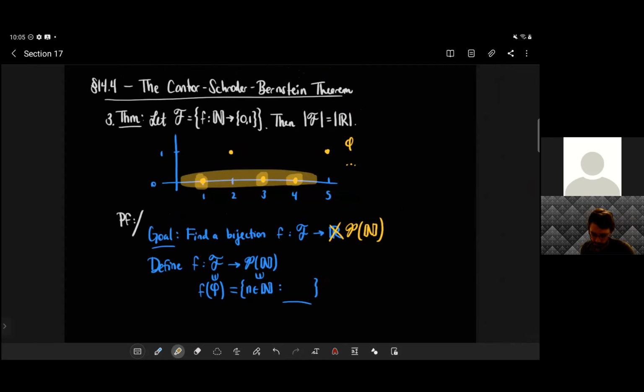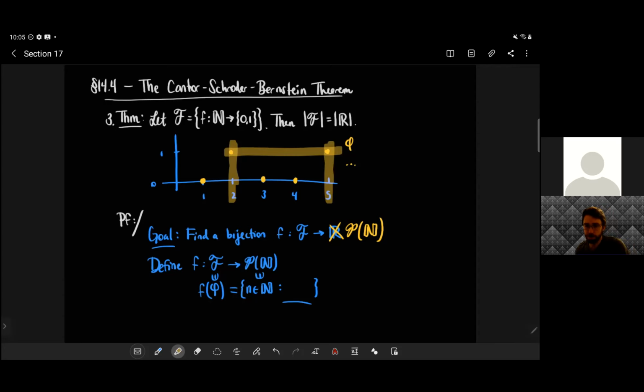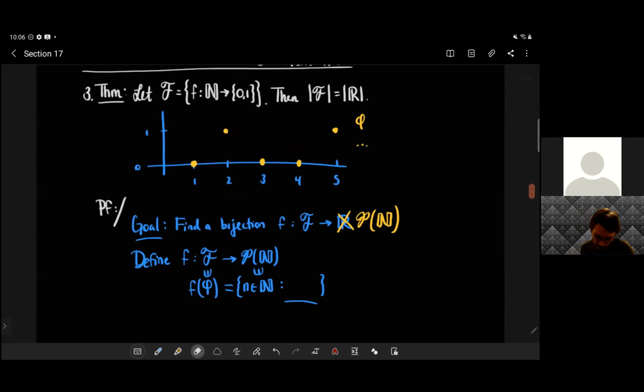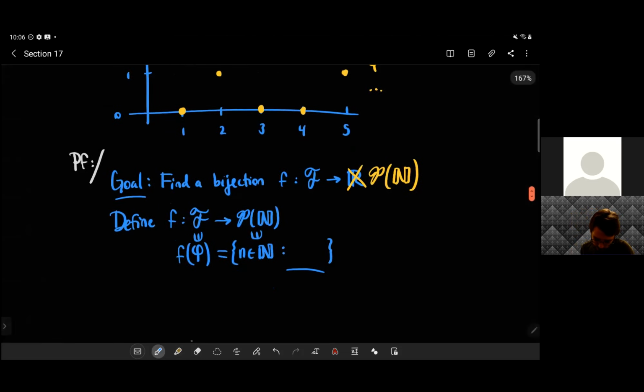Or maybe this is a nice subset of the naturals. In particular, 2 and 5 both map onto 1. So 2 and 5, that's a subset of the naturals. So we're just making guesses here and trying to be a little creative with it. Let's go with that. Let's say the subset I want is all things that map onto 1.